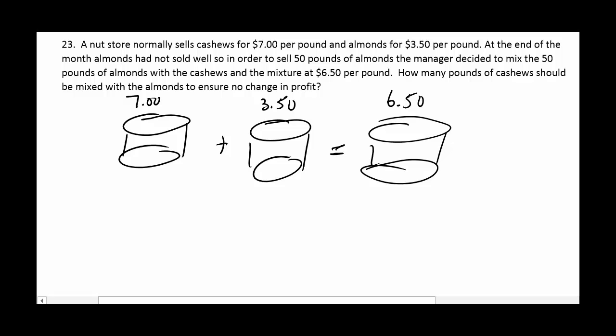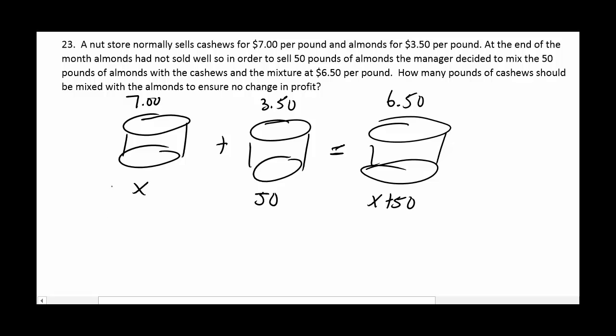Do I know how much? I see the number 50. So what does the 50 represent? 50 is connected with the almonds. And I don't know how many of the cashews, so I don't know how many of the $7 ones I want to mix together. But when I'm done, I should have x plus 50.